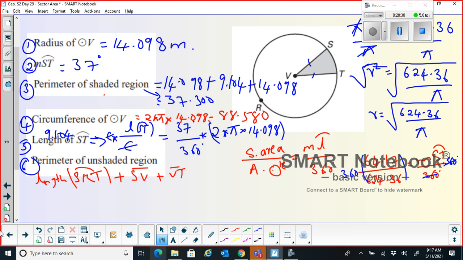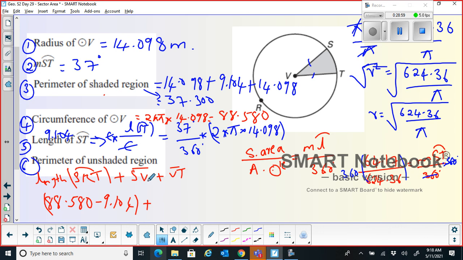So it is 88.580 minus the length of ST, which was 9.104. Then further we already know the radii, so we have to add radii twice.